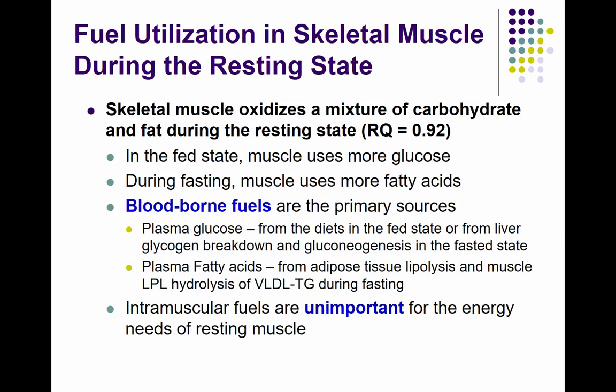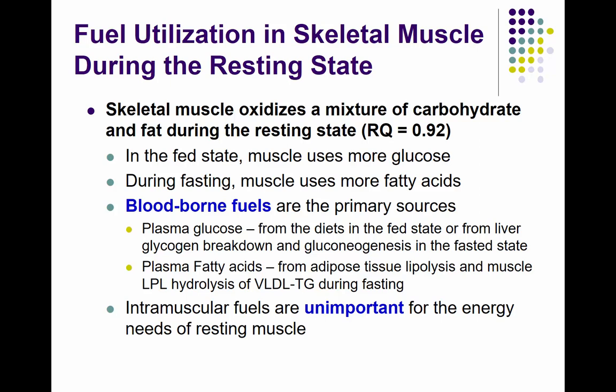During fasting, muscle utilizes more fatty acids. But during exercise, muscle utilizes both carbohydrate and fatty acids. And during the resting condition, blood-borne fuels are the primary source of energy for muscle.